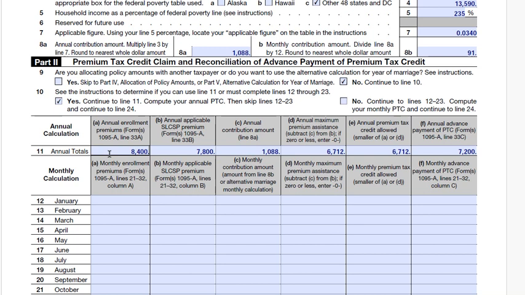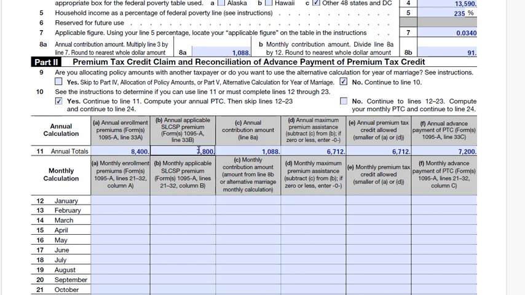What is 33A? This is the insurance premium for the entire year. Depending on what health insurance plan is selected, some will cost $7,000 for the whole year, some will cost $8,000, some will cost $9,000, and for this particular single filer, he chose a health insurance plan that costs $8,400 a year.